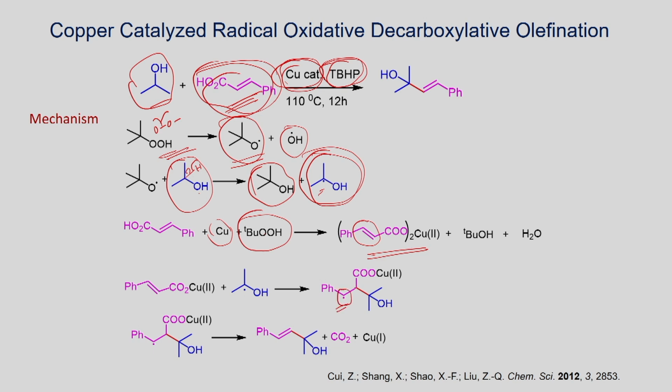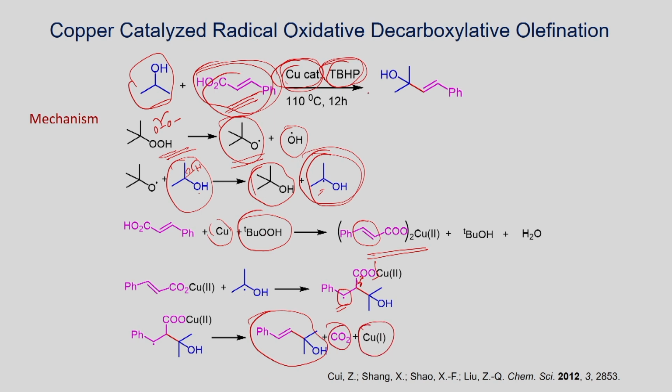You form a benzyl radical. Once you form the benzyl radical, this carbon-carbon bond can undergo homolytic cleavage to give the alkene, where you generate carbon dioxide as a byproduct. The copper 2 is reduced to copper 1.